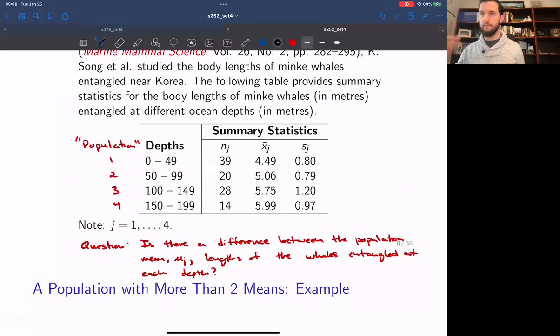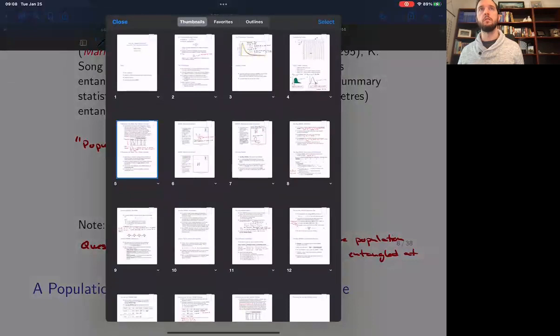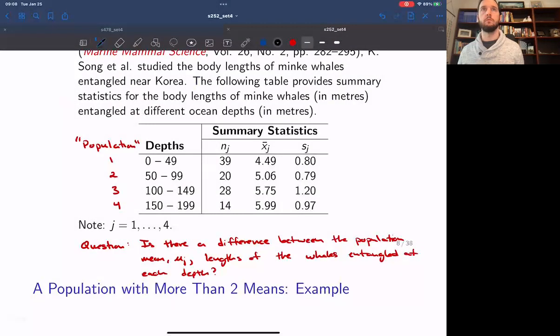So that's the number of population means, or it's the number of levels in the experiment. So that's what little k is. That make sense?